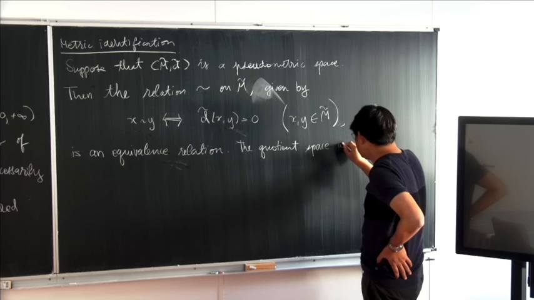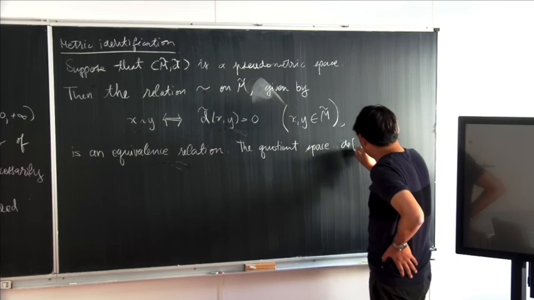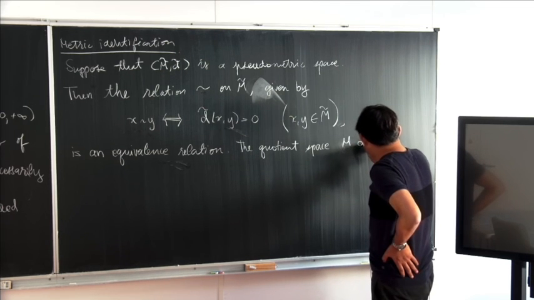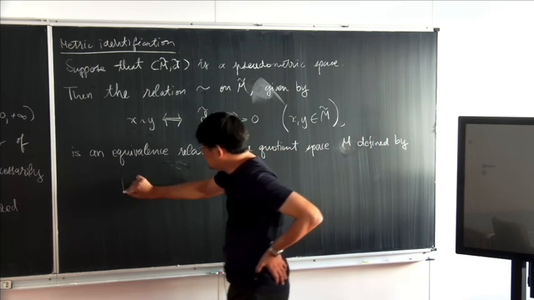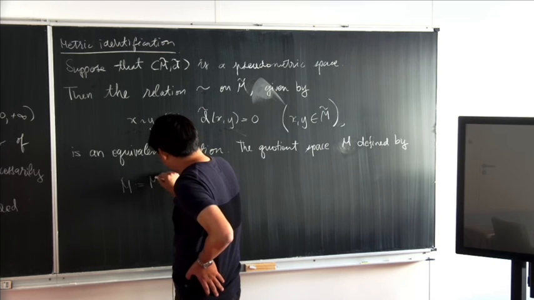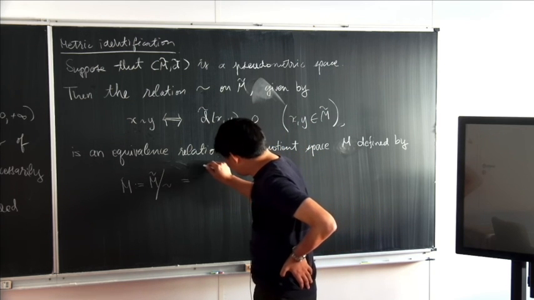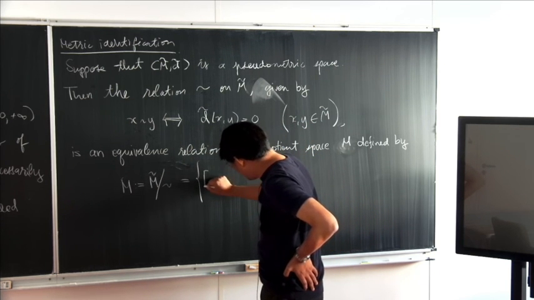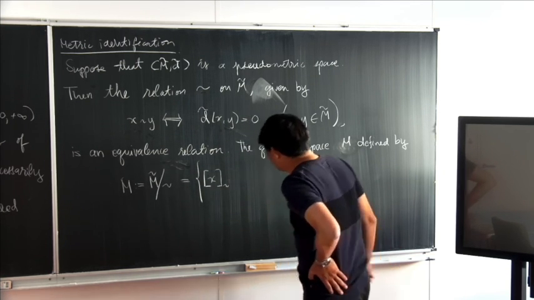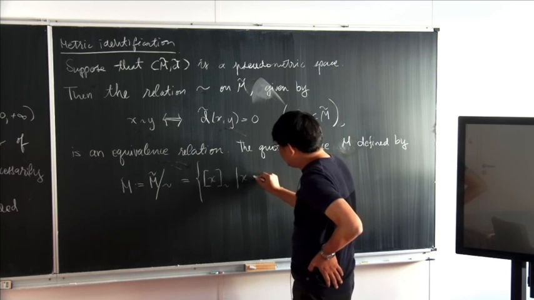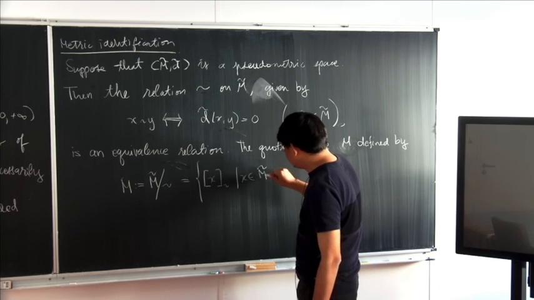So the quotient space M is defined by M tilt mod this tilt relation, and this is nothing but the set of all equivalence classes x tilt, where x belongs to M tilt.